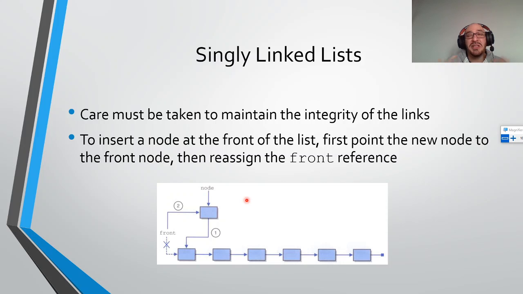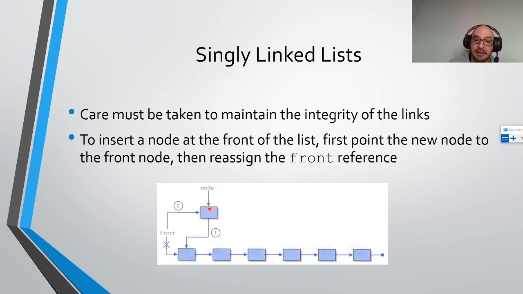In this case, because I don't have indexes, I don't have to worry about that. All I need to do is get my front reference and point it to the new element that I want, and tell this new element to point to whoever was the first element before. It's just a matter of changing the reference, and the integrity of my list remains the same.